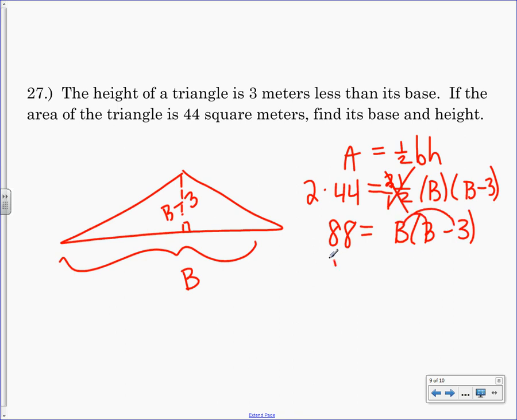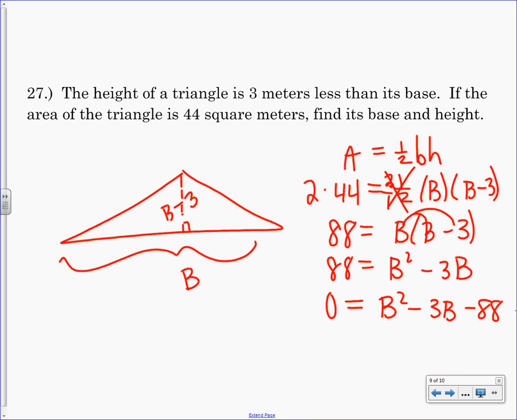Distribute, right? So 88 equals b squared minus 3b. Is that okay? Okay. Whenever you have x squared or whatever, what do you want it equal to? 0. So 0 equals b squared minus 3b minus 88. I'll pause there.